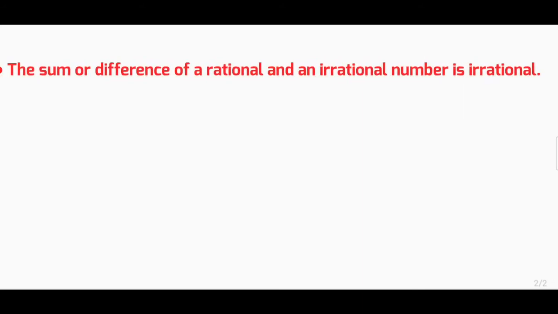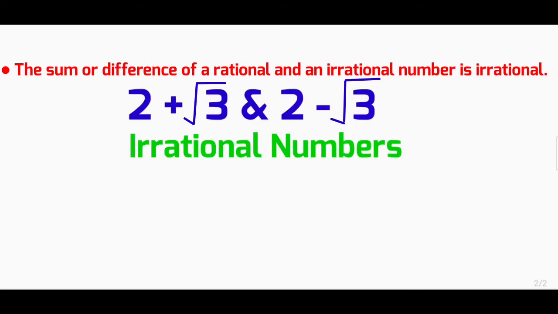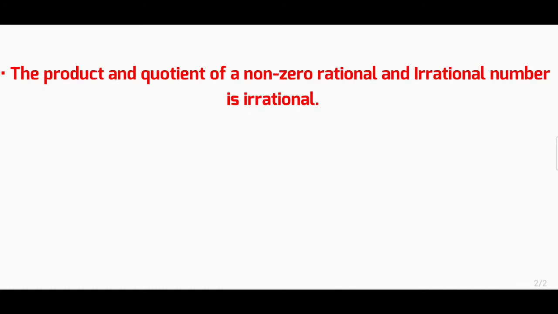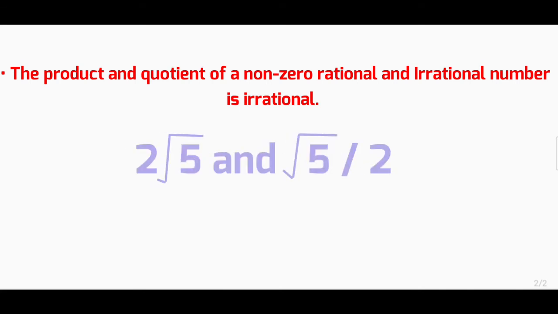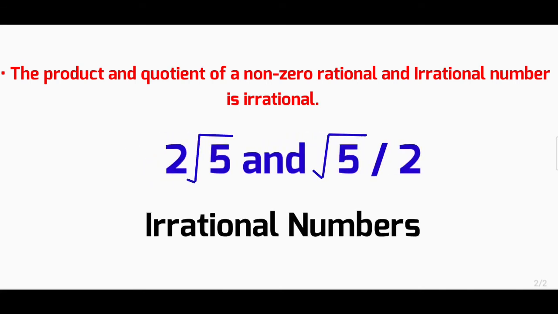We have also learned that the sum or the difference of a rational and irrational number is always irrational, and the product and quotient of a non-zero rational and irrational number is also an irrational number.